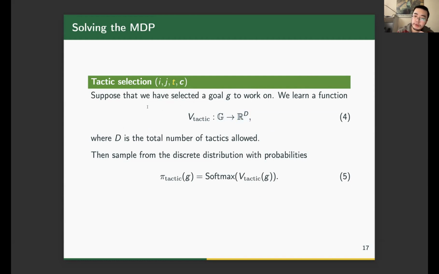Because in an interactive proving system, there is always a finite number of tactics that you can choose from. Let's say we have D of them. So the tactic function gives us an R^D vector, which represents the scores of each of the tactics we have in hand. This is basically scoring all the tactics we have. And again, we perform a softmax, which returns the probabilities of choosing each of these tactics.